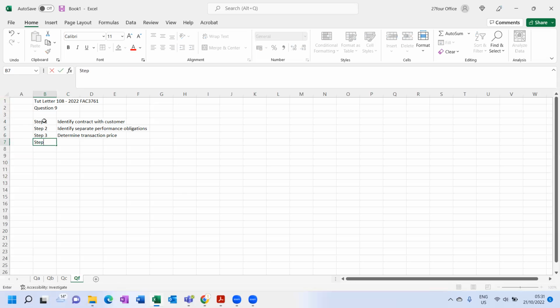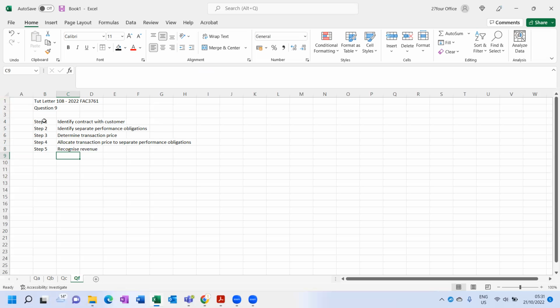Step number 4, allocate transaction price to separate performance obligations. Step 5, recognize revenue. So that is basically what we need to do.